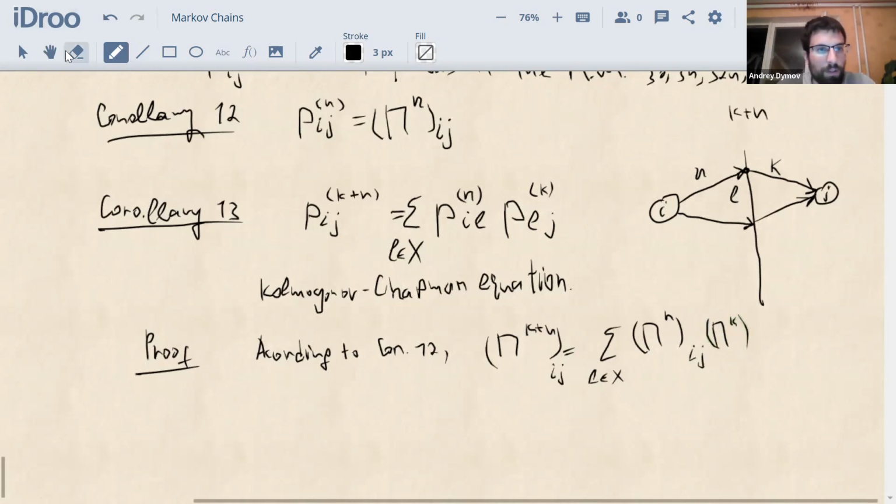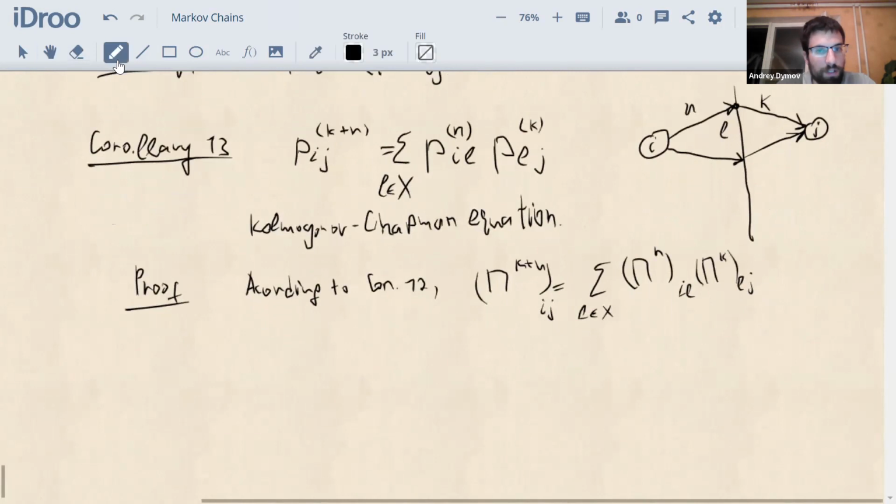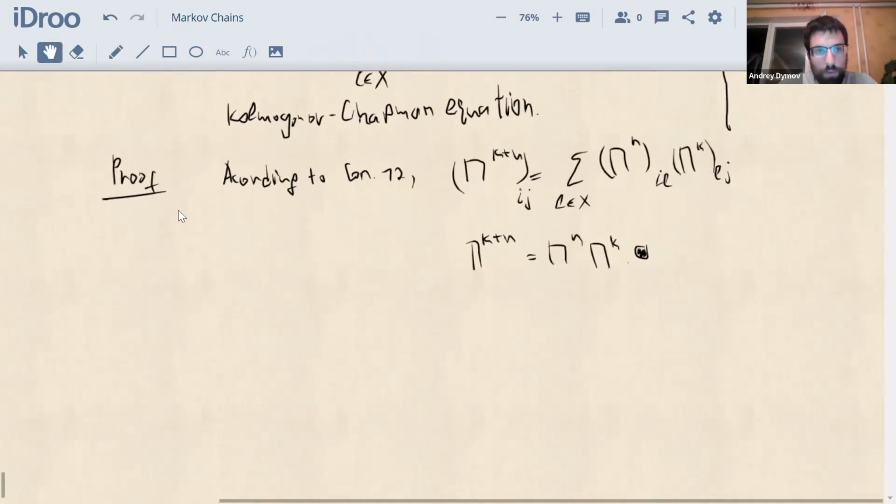Sorry, not ij, il and lj. And this equality is true because it is the same as writing that p to the power k plus n equals p to the power n times p to the power k. This is true. Okay. Do you have any questions or comments?